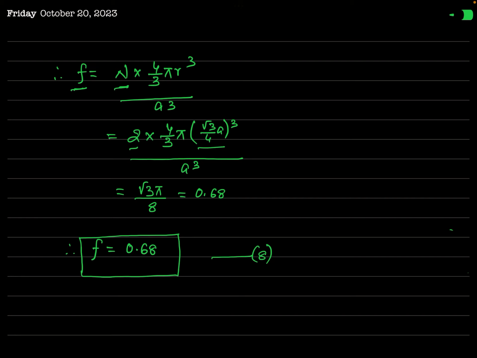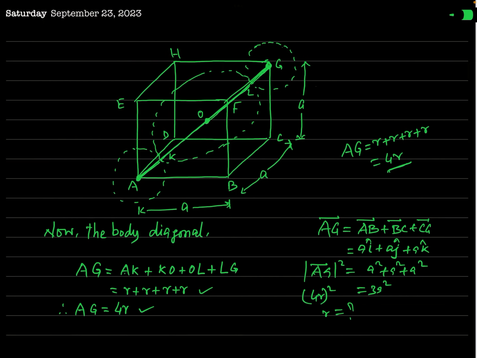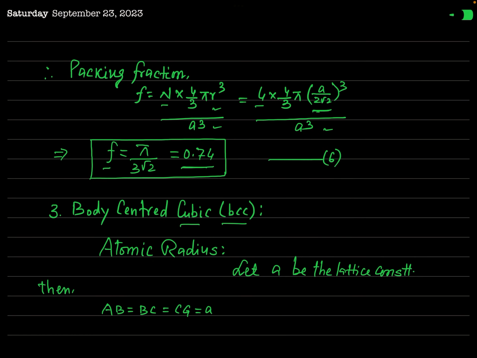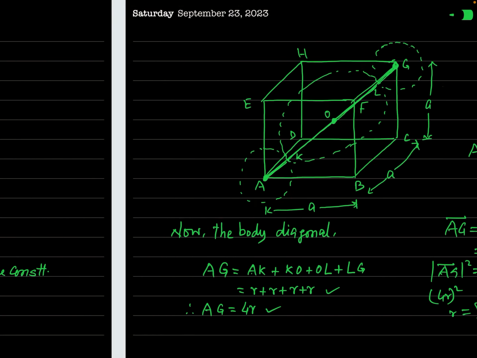And after simplification, you will get that this is equal to root 3 pi divided by 8, and this is 0.68. So you can see that this packing fraction is less than the packing fraction of the FCC lattice, which, as you have seen, is equal to 0.74.